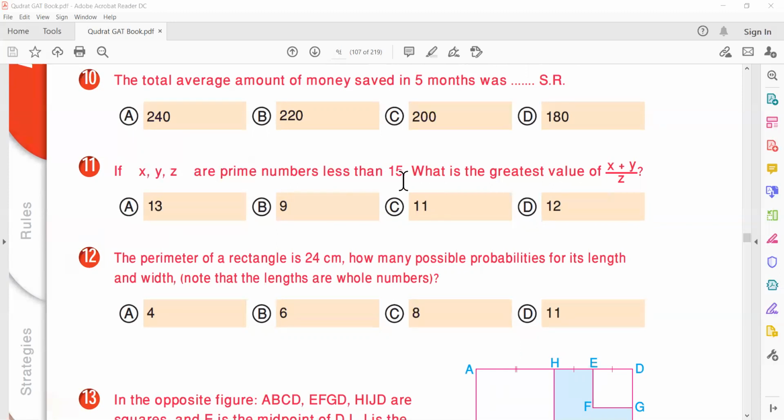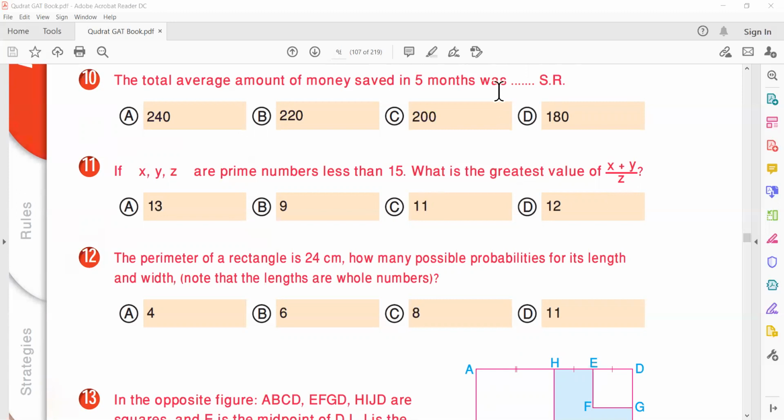Now, what are the greatest 2 prime numbers less than 15?